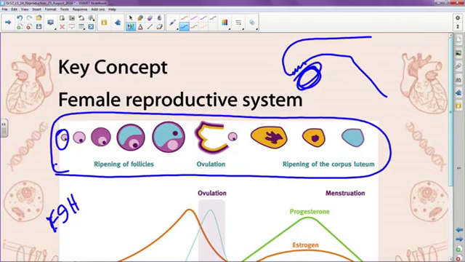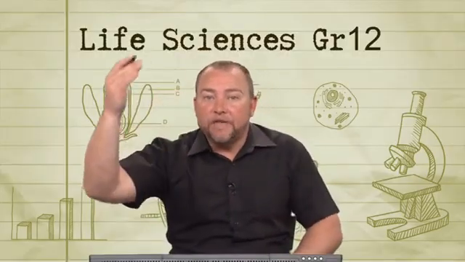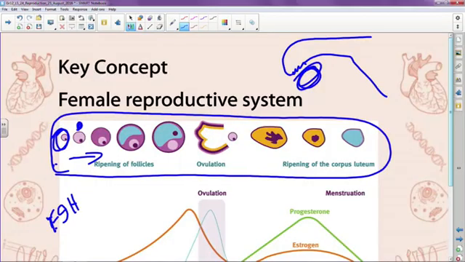There's a follicle. See that little black thing on the inside? That's what we're trying to make. Okay, so we have this follicle, and it gets bigger and bigger and bigger. As you can see, as it gets across like this, it starts getting bigger. But this follicle starts producing a hormone called estrogen. And estrogen stops the making of FSH, because what is FSH going to do? It's going to make one of these. And once we've started making one, we don't want to make another.